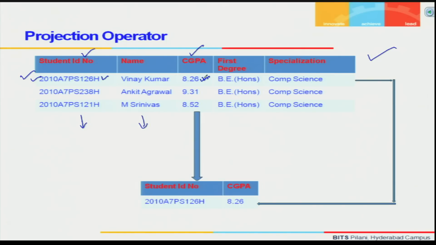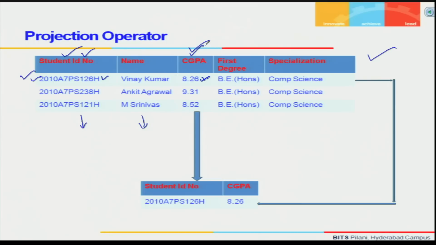This is how you define a projection operator. You can have 100 columns in the relation, and you can say that only 50 of them I am interested in, and project only those 50. Here in fact I am projecting student ID number and CGPA, not others.